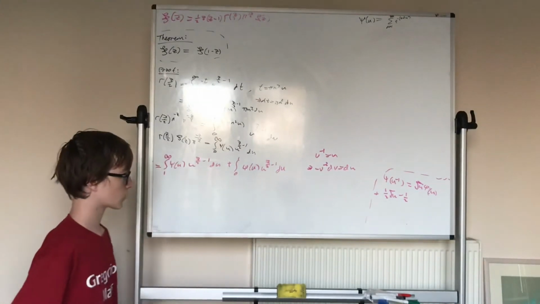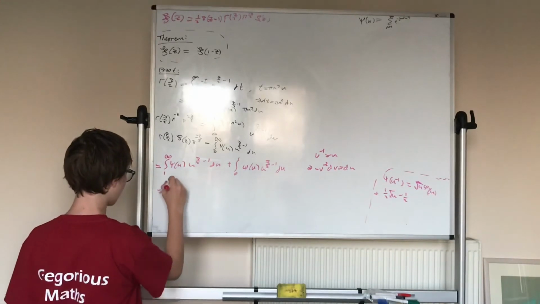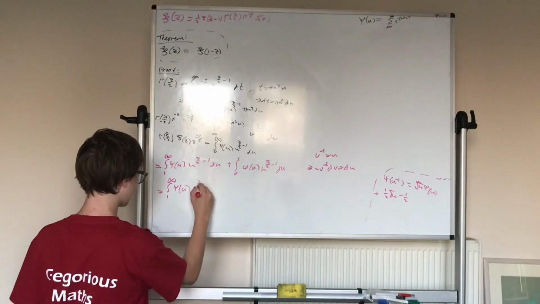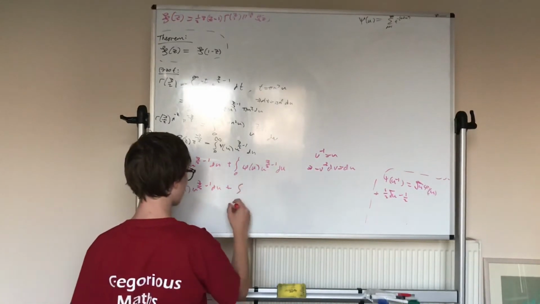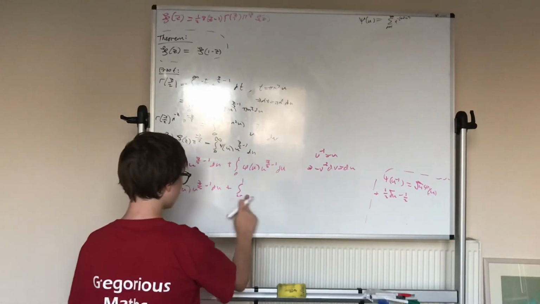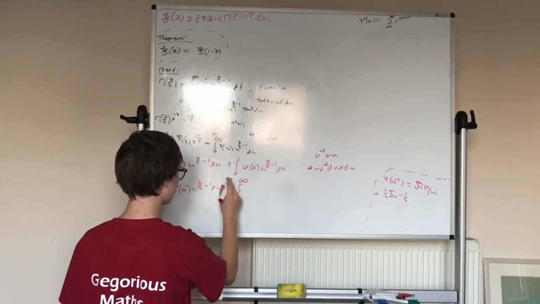Okay, so here this equals the integral between 1 and infinity of c of u to the z over 2 minus 1 du, plus the integral between infinity and 1. Well, I'm going to use a minus sign to change the bounds.